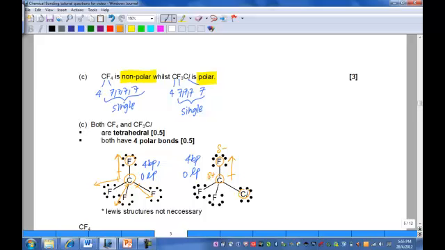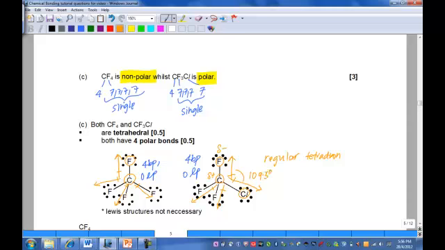And of course, Cl is more electronegative than carbon, so the dipole moment also points towards chlorine. Similarly for the other fluorine bonds. All of these bonds are pushed to the corners of a regular tetrahedron. You can imagine they are all at equal angles from each other. Of course, we know it's 109.5.